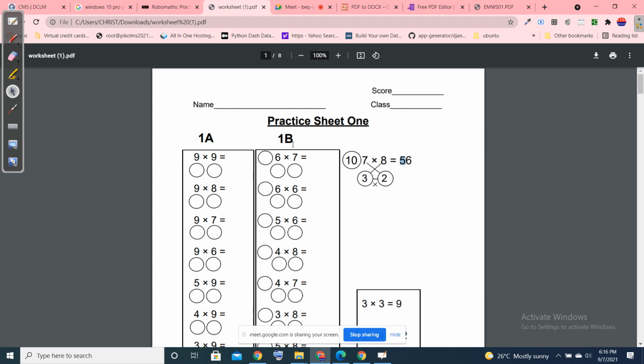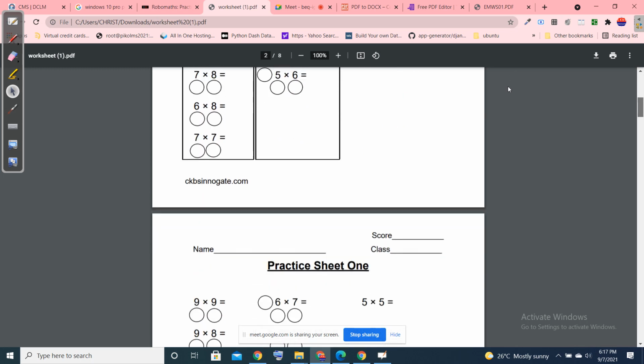So 50 plus this time this will give you 6. So 50 plus this will give you 56. So I want you to use your mind to do the addition here. Do you get me? Yes, sir. That's why I've made it this way. So you follow the instruction. That's why I've done one for you, so that you just follow and then work the rest out.